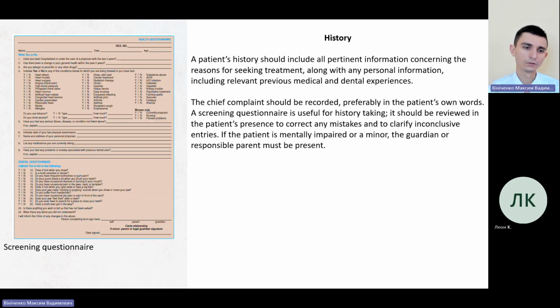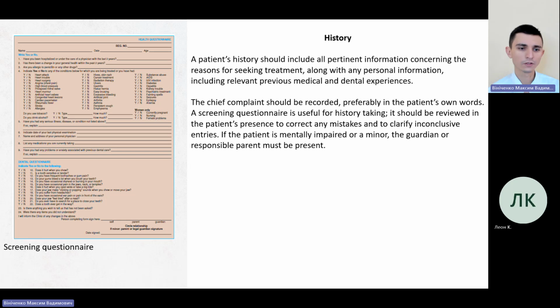So, about history. A patient's history should include all pertinent information concerning the reasons for seeking treatment, along with any personal information, including relevant previous medical and dental experiences. The chief complaint should be recorded, preferably in the patient's own words. A screening questionnaire is useful for history taking.